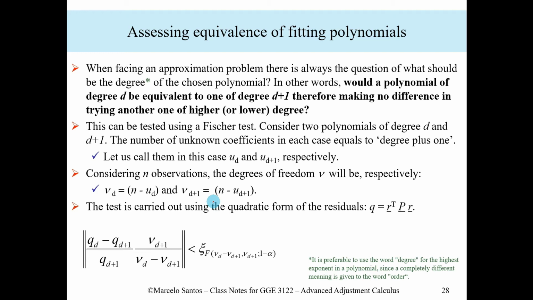What's the degree? How much can we go? In other words, would a polynomial of degree d be equivalent to one of degree d plus 1, therefore making no difference in trying another of higher or lower degree?